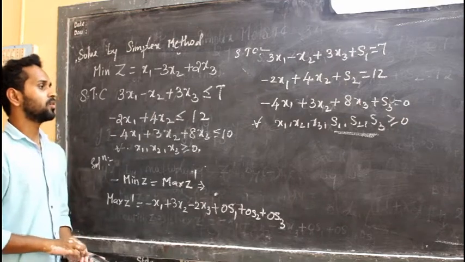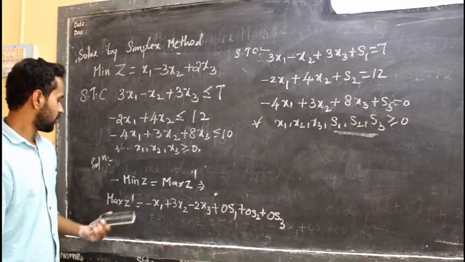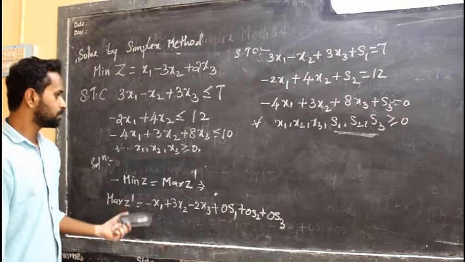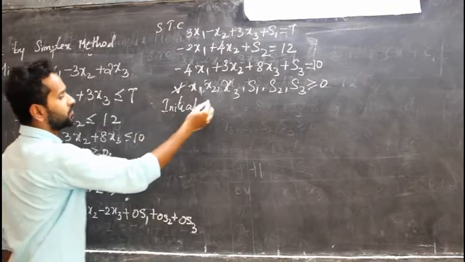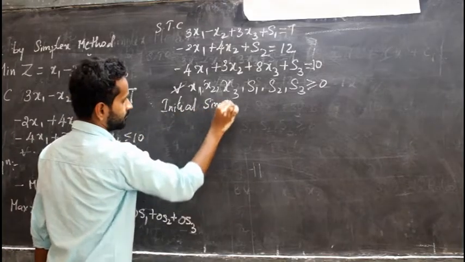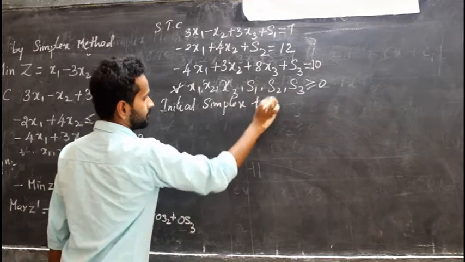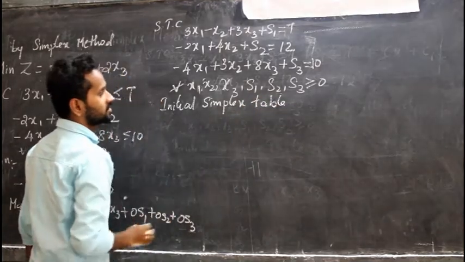No change in the objective function. Is it clear? Now I need to form the initial simplex table. We form the initial simplex table here.